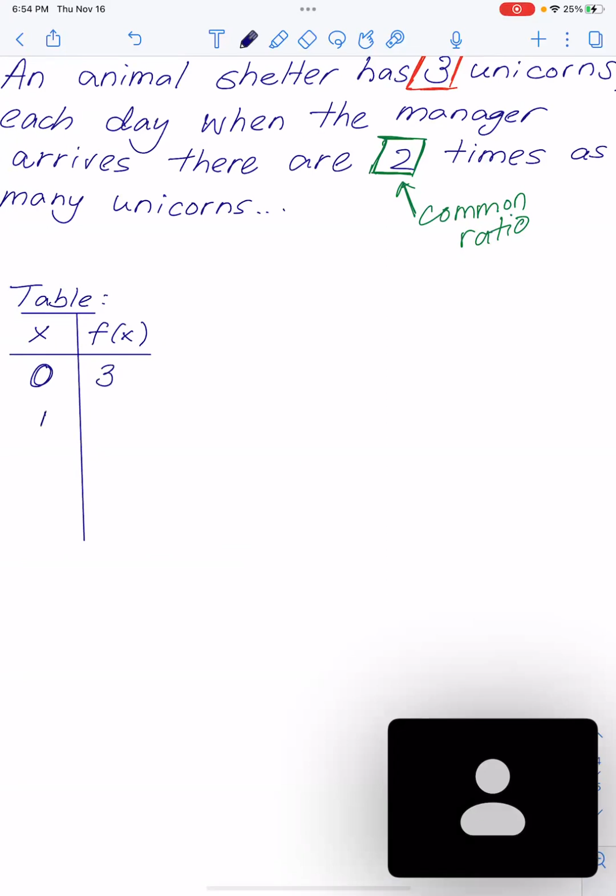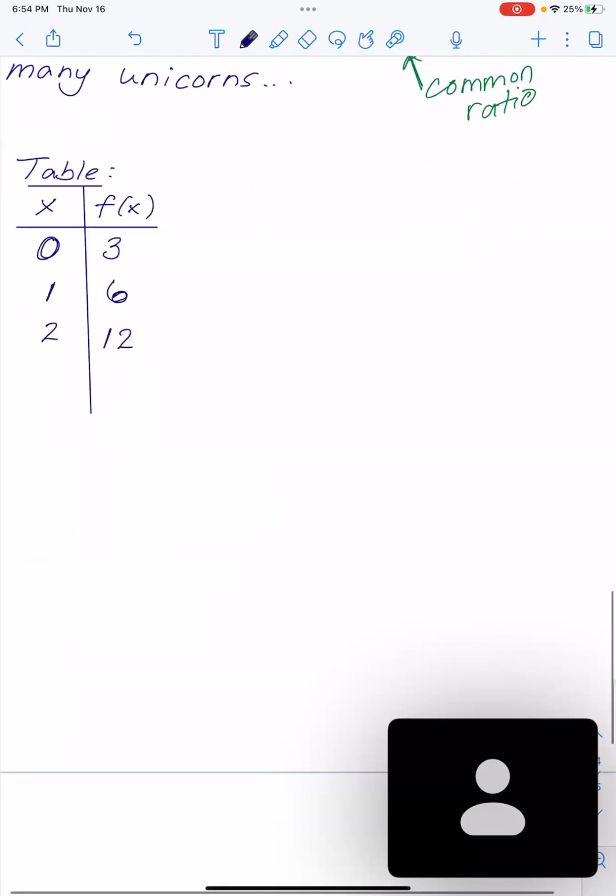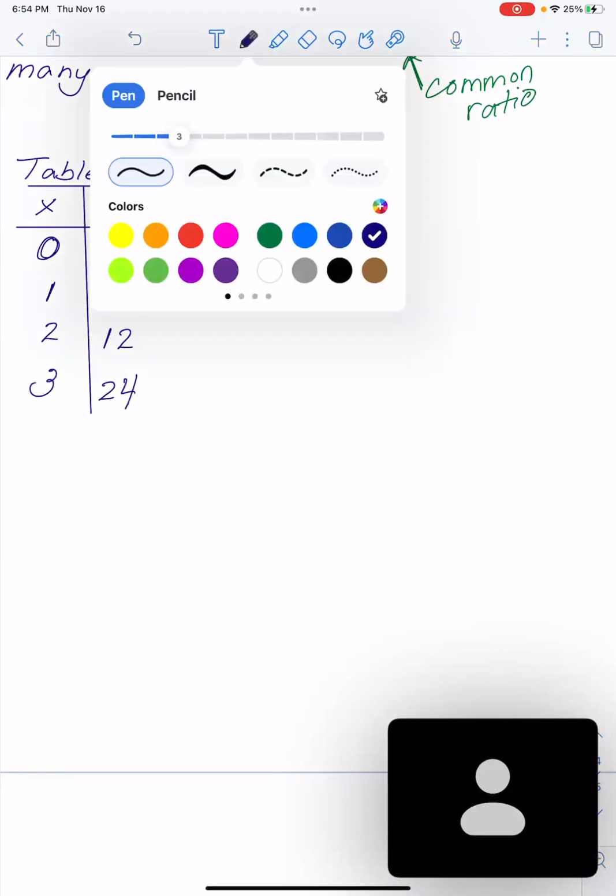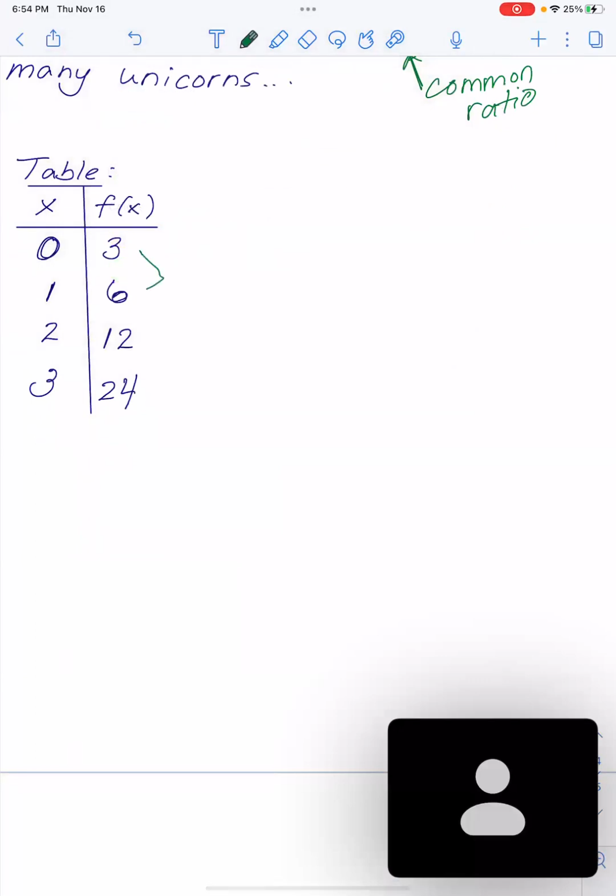On the next day, I'm going to multiply by 2. I'll have 6 unicorns. Another day goes by, I multiply by 2 again and get 12. Multiply by 2 again, get 24. So that's the pattern here, right? I have a common ratio of 2, meaning each day, my amount of unicorns is going to double. Right? This is my common ratio.